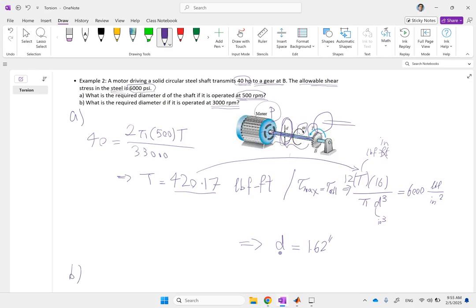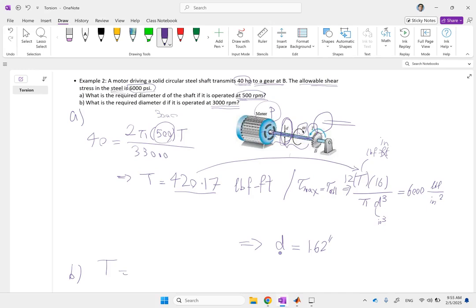Now for part B, it's very similar. The only thing you are changing is basically that RPM. So you change this to 3,000 this time. Okay, that means your torque is going to be a sixth of what it was. So torque is going to be that number over 6.